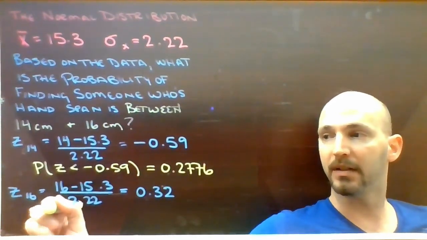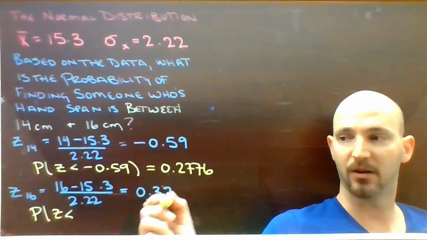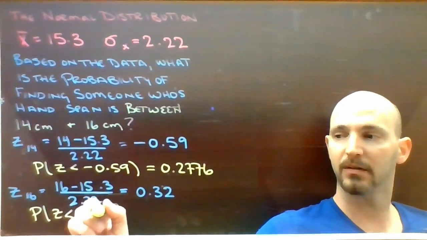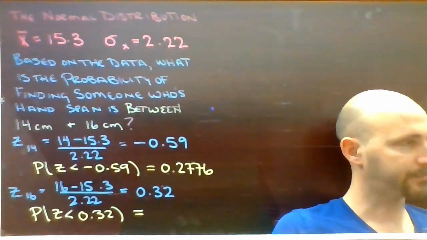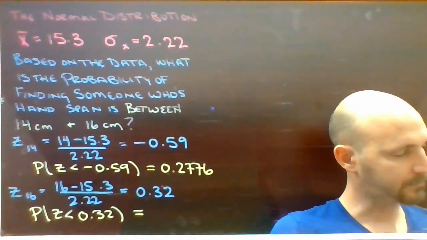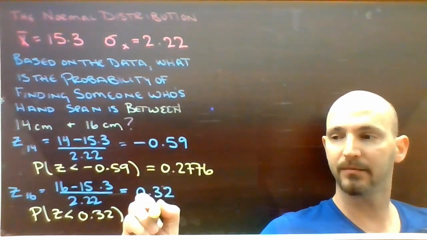And the probability of finding a z-score less than 0.32 is 0.6255.